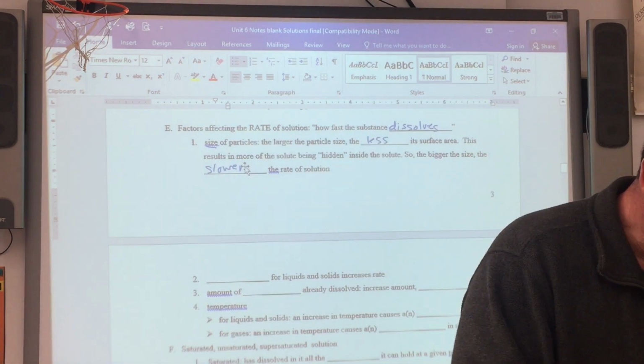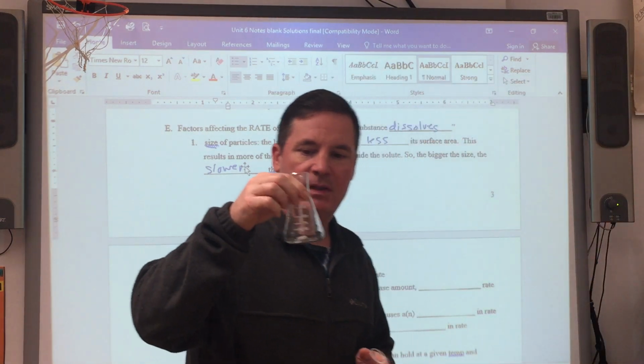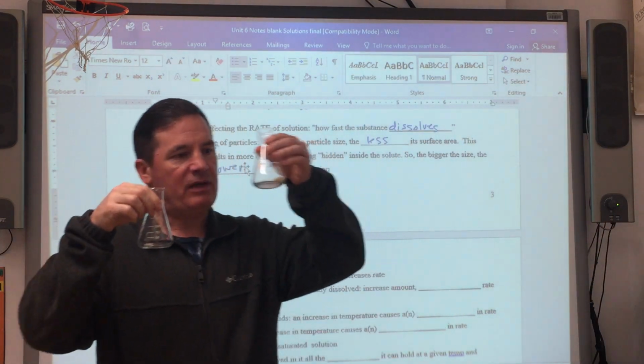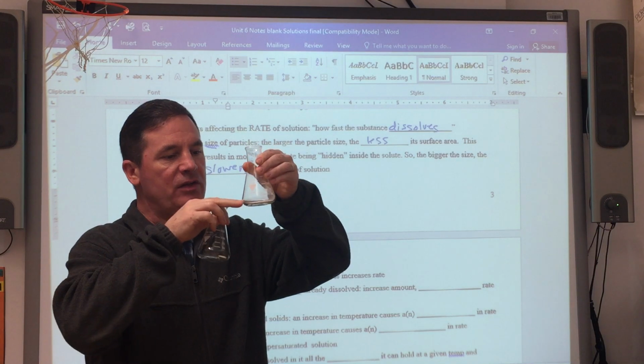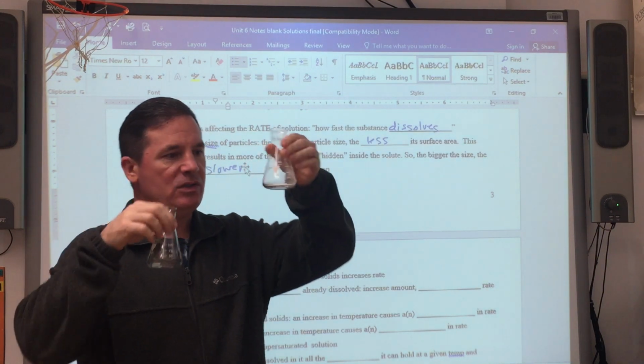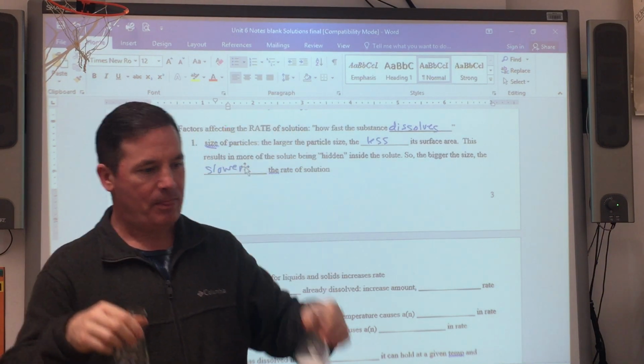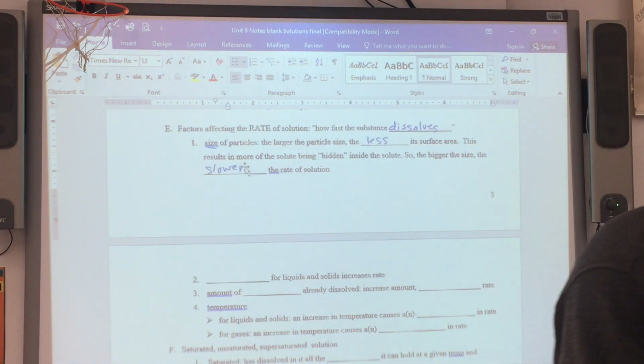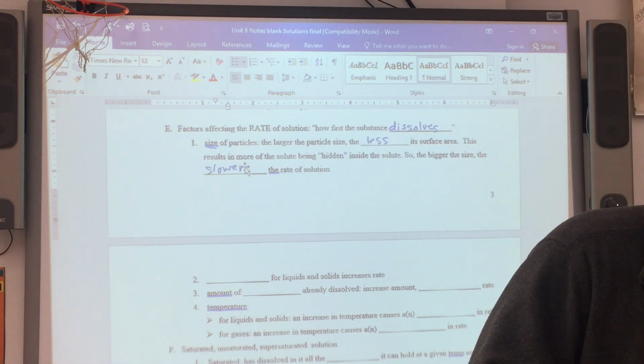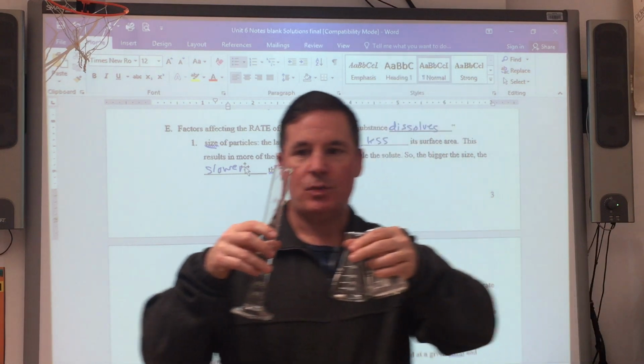Now, I've got a little setup here. I've got a Tums in here, and I've got a Tums in here, and this one I've crushed. Now you can see that this is powder, essentially. I'm going to add the same amount of water to each one of these.